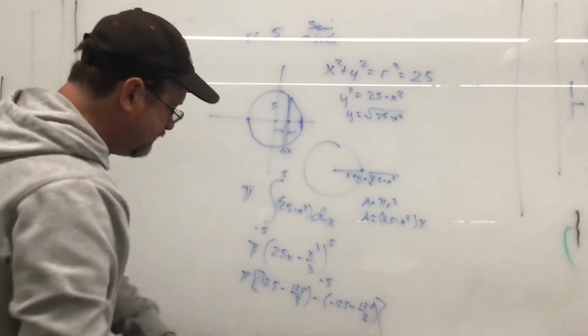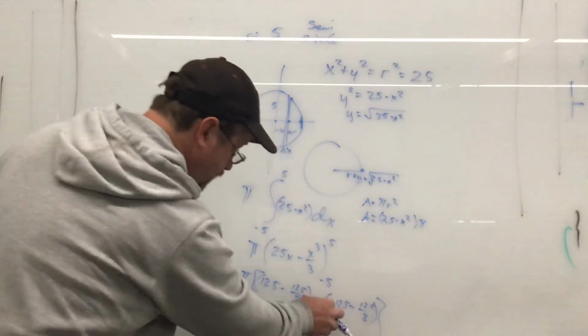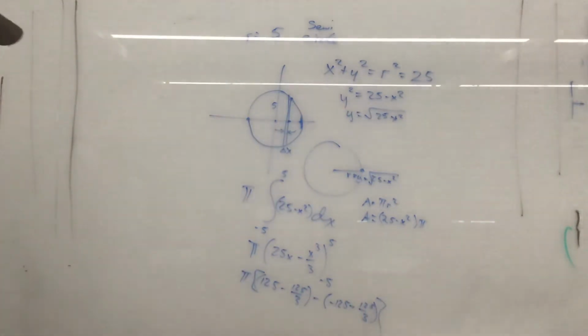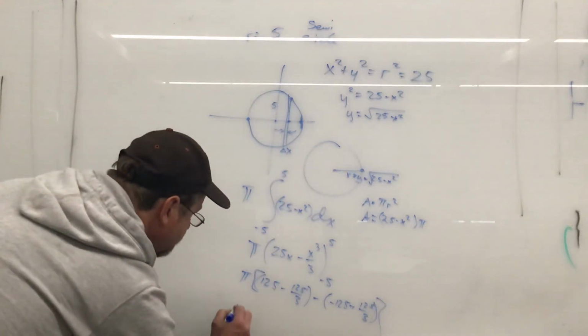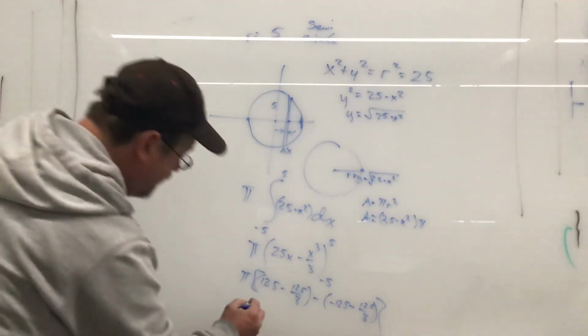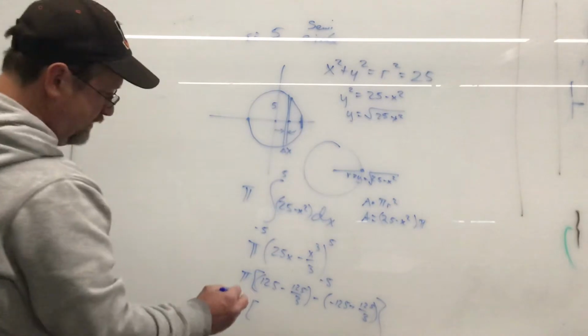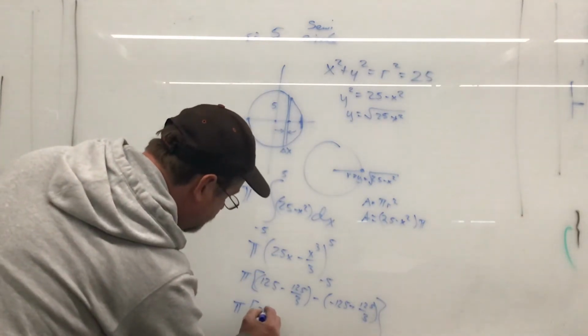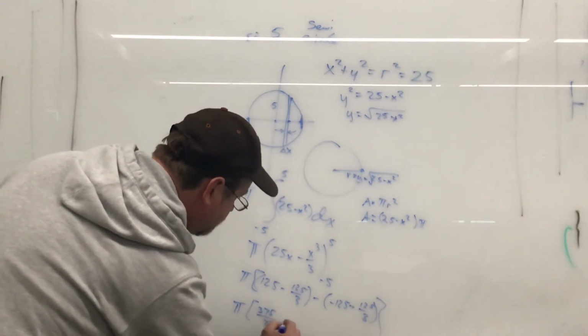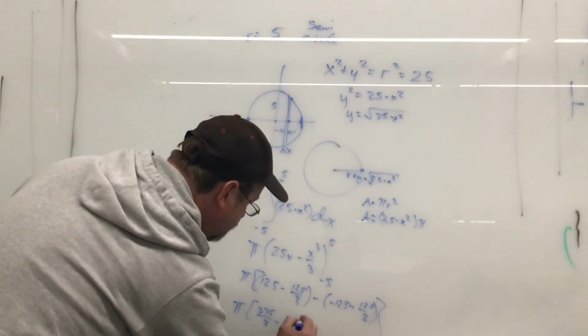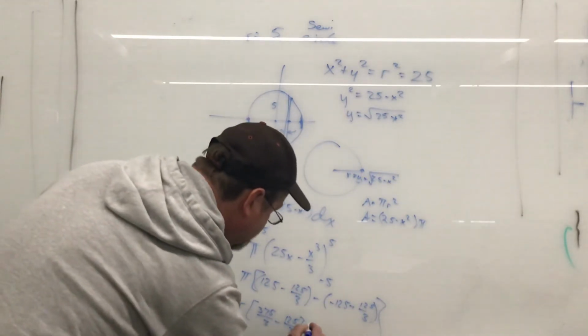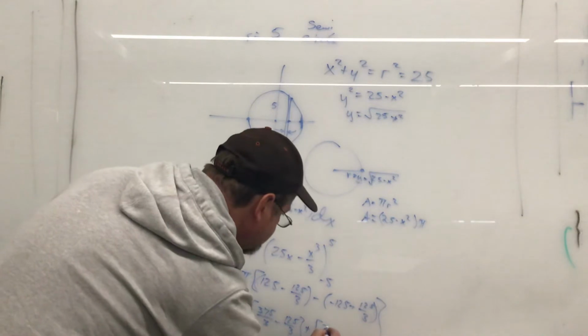You see we did have that symmetry, because this becomes a plus 125 minus 125 over 3 when I distribute. I end up with pi, and to get a common denominator, 375 over 3 minus 125 over 3. Then distributing that, I have exactly the same thing here.